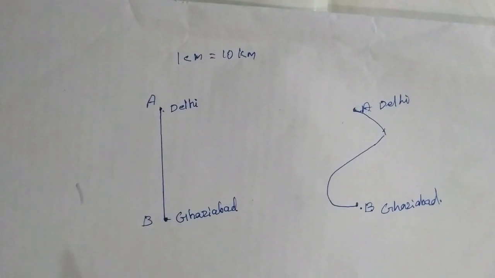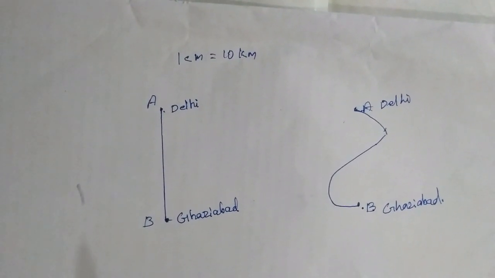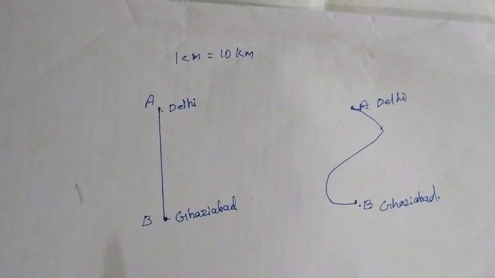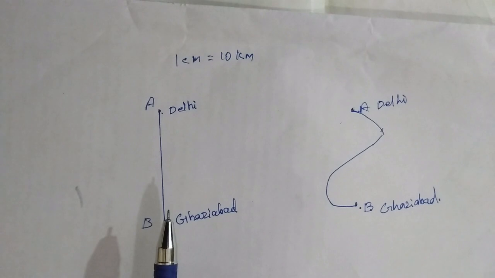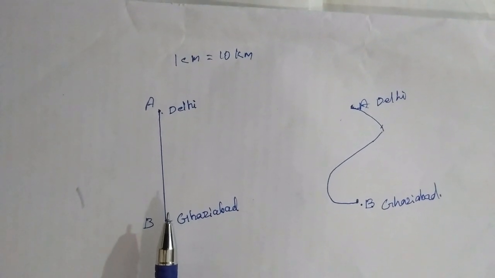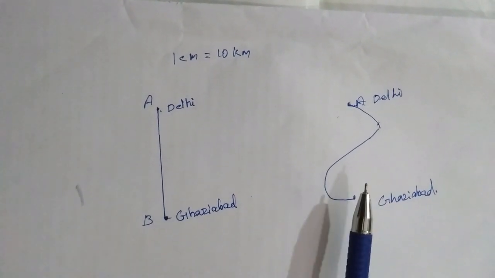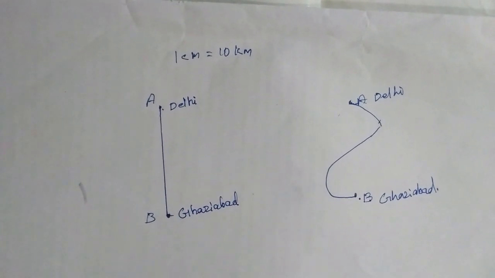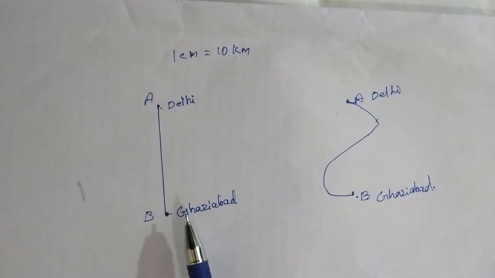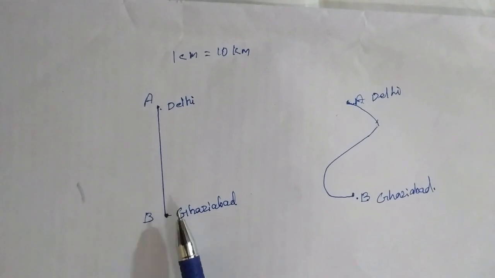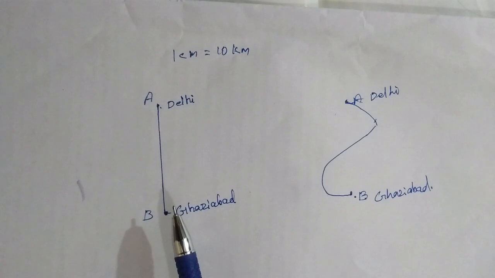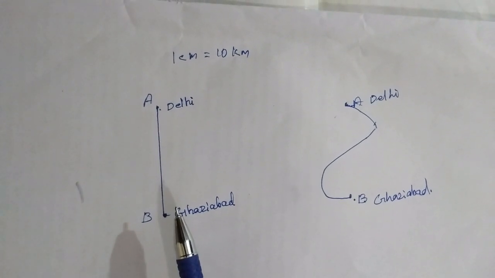There are two ways to find the distance between two places. The first way we saw is the direct method or straight line method. The second one is the indirect method or curved line measuring. So first of all we are going to see the direct method, that means the straight line method, with the help of the example mentioned in your textbook.